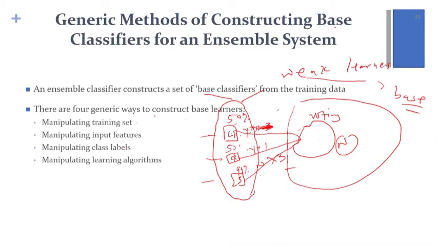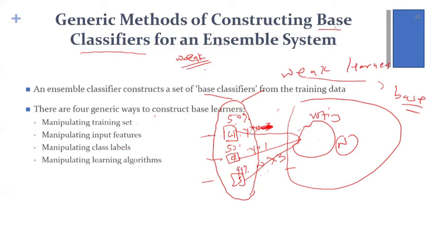The first step is you have to specify a number of base classifiers. We call them base classifiers, or sometimes weak learners also. That is, individuals are considered weaker compared to when you combine them as a team.